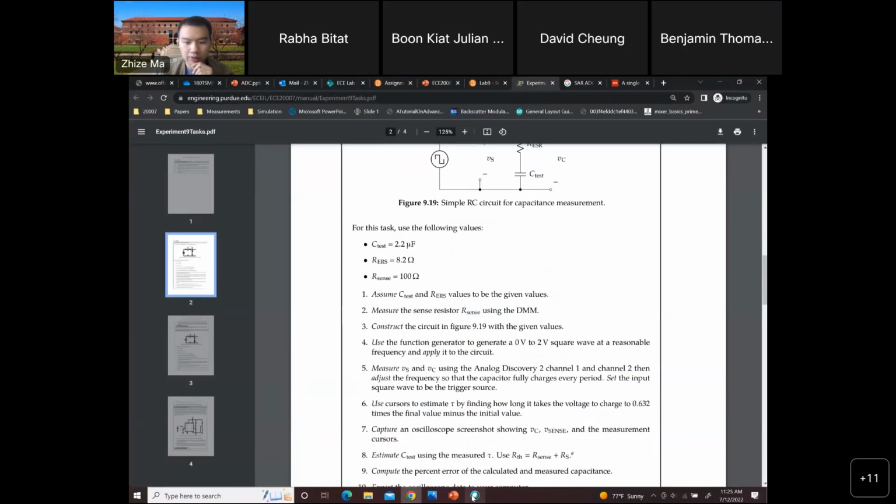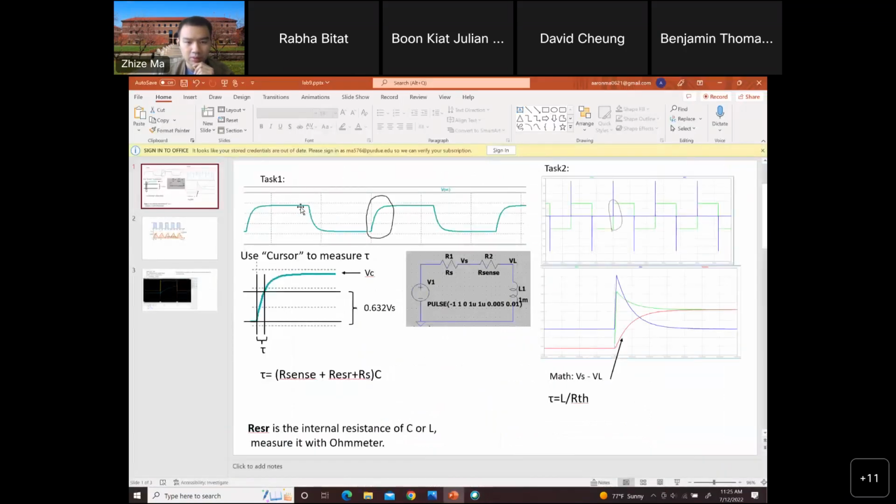Ideally, the output voltage Vc will look something like this. When Vs turns on, the capacitor starts charging, and the voltage becomes almost a flat line. When Vs turns off, the capacitor starts discharging. It's charging again and then discharging.